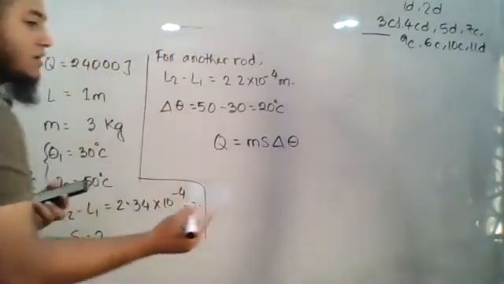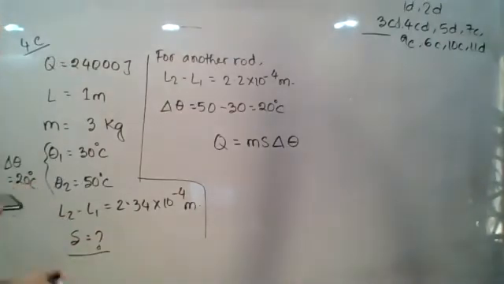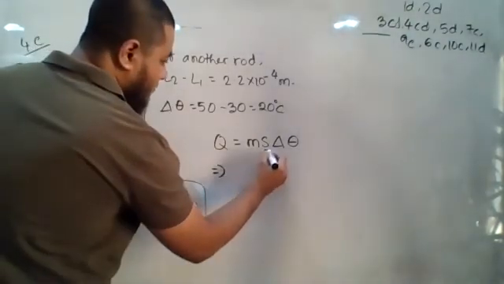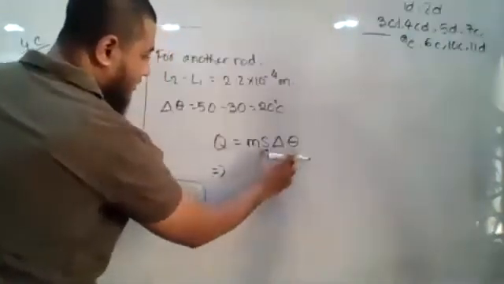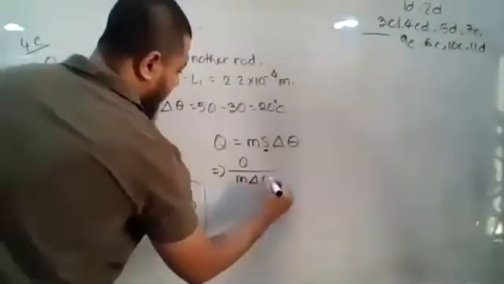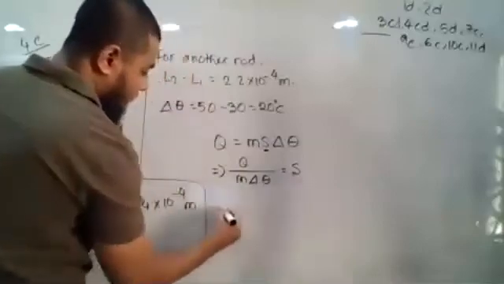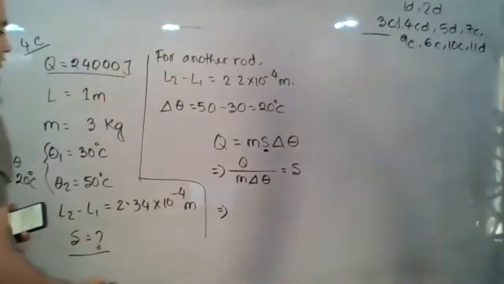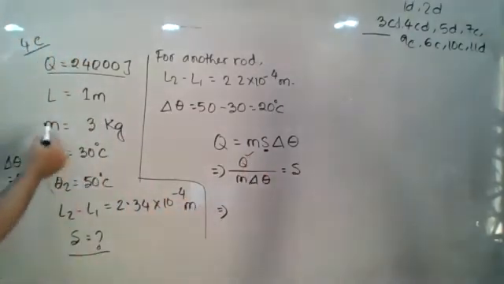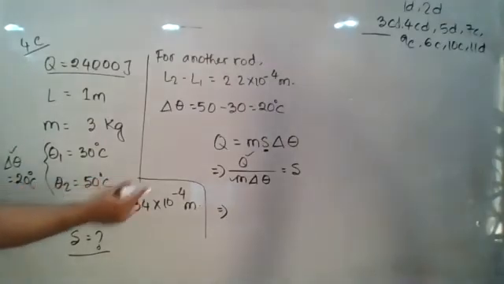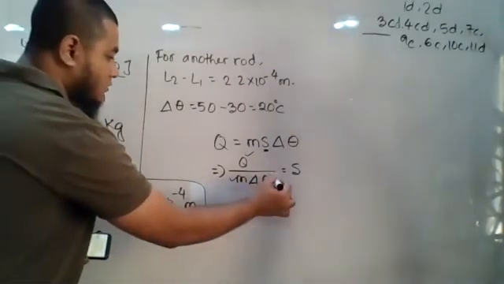Another equation is regarding heat capacity, but we cannot see any value of heat capacity given, so we have to use this equation. We have to change the side of it, so Q by m del theta should be equal to S. Put the values, all the values are given. Q 24,000, m 3 kg, change of temperature 20 degrees Celsius. So put the values and calculate the value of S.